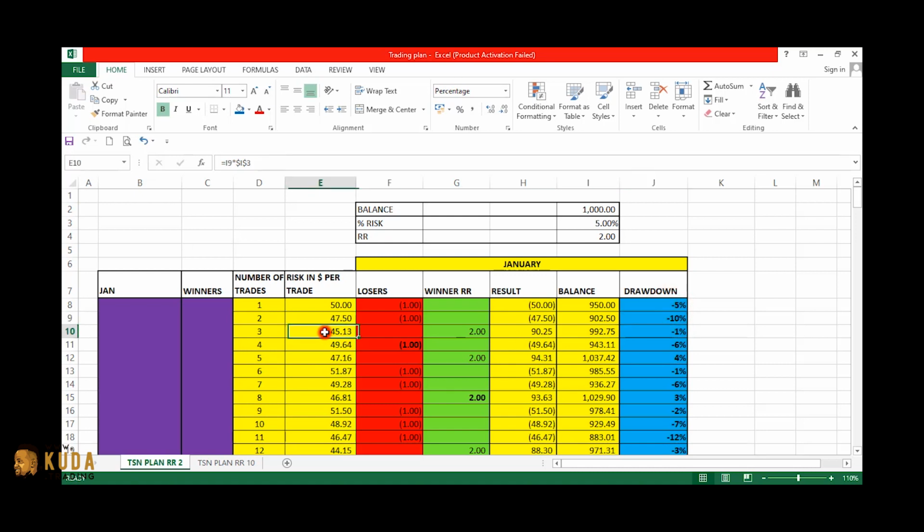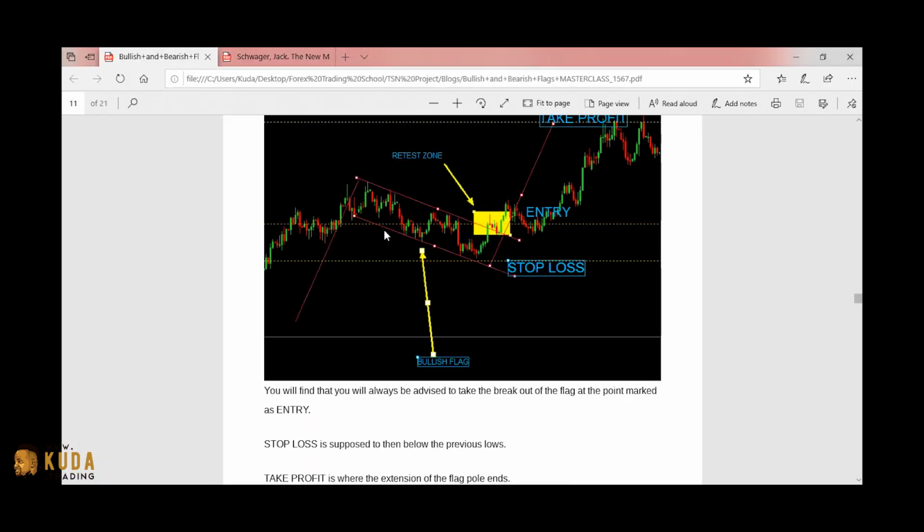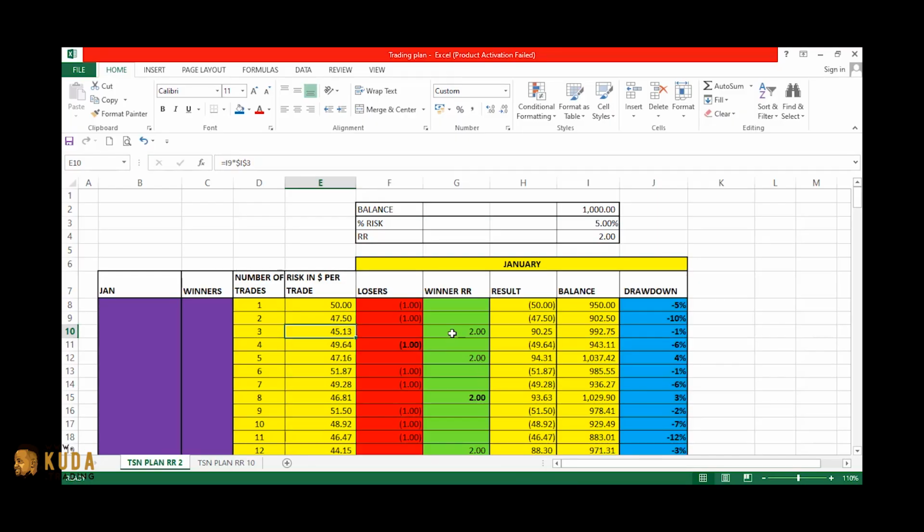Now, for your third trade, this particular setup, you enter this trade, boom, you place your stop loss there, you place your take profit there. This trade is going to give you an RR of 1:2, right? A risk reward ratio of 1:2. Now, if that trade works for you, you're going to make a profit of $90, which brings your balance up to $992, right?